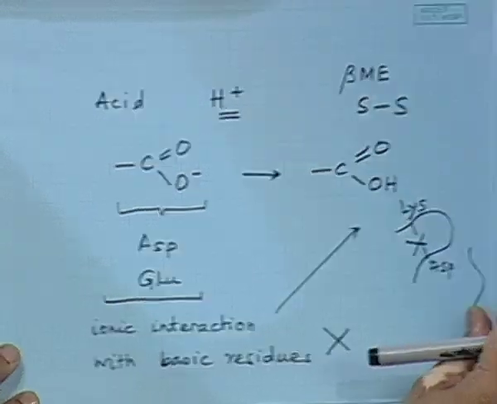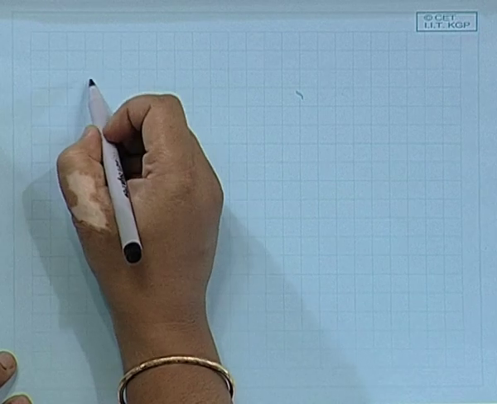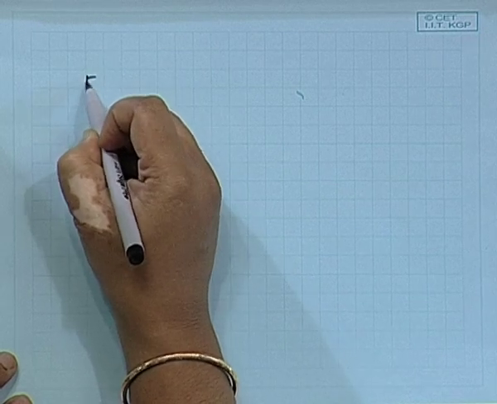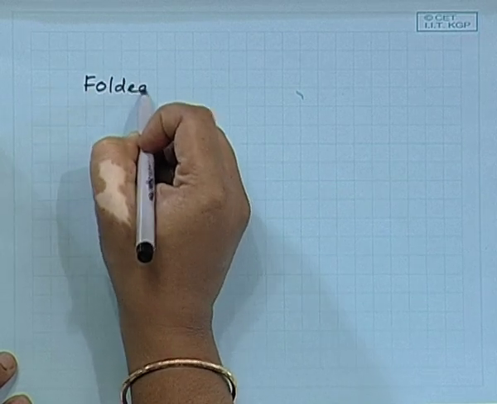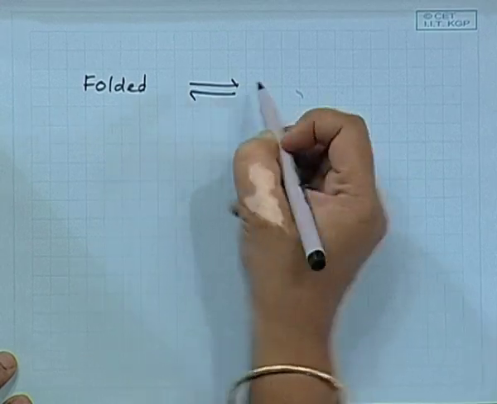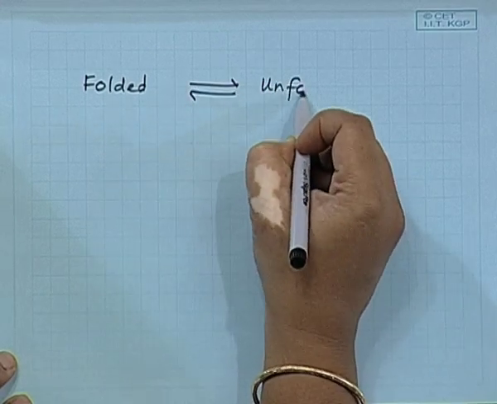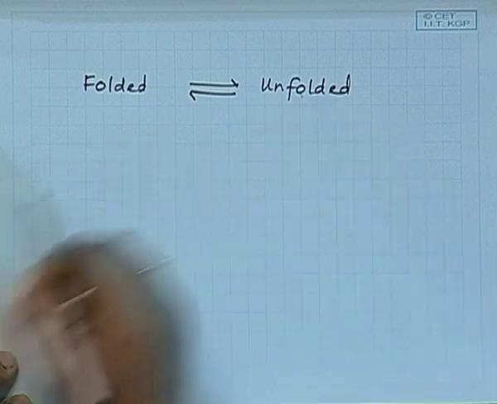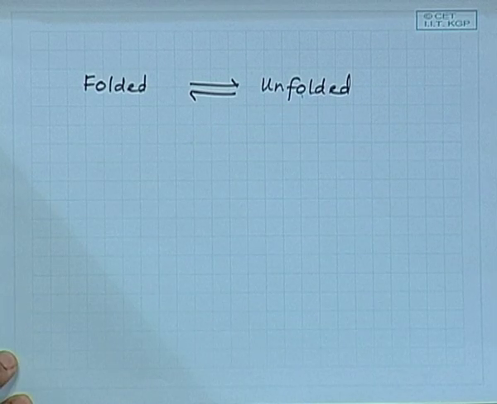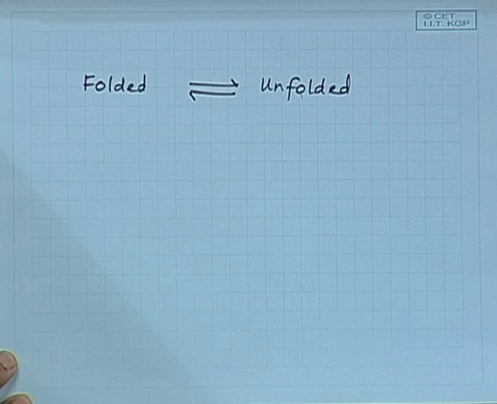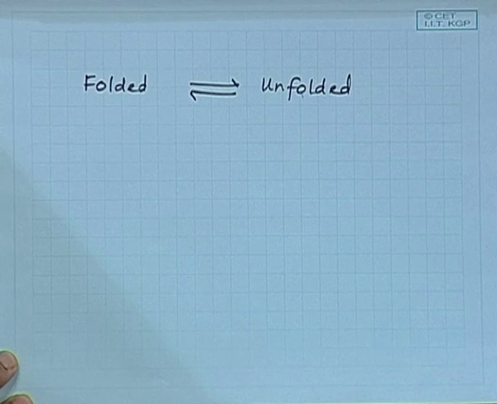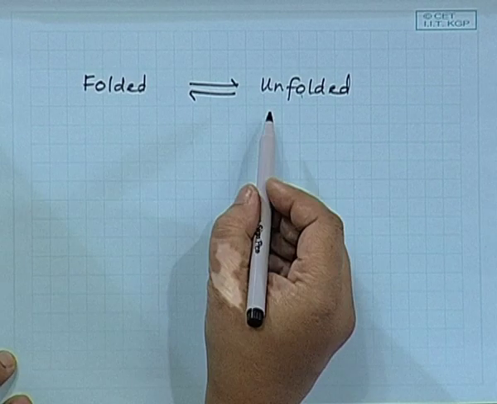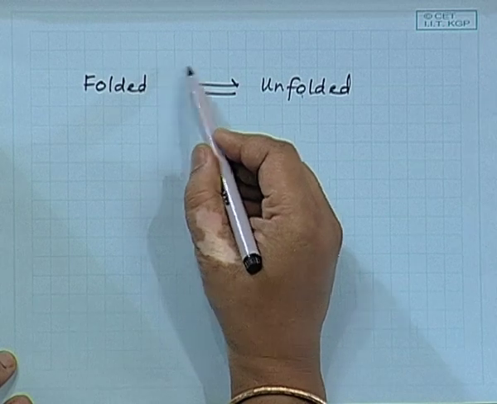So, what we can do is we can go from a folded form to an unfolded form by denaturing the protein. You can also what is called renature the protein in some cases. So, say you added urea.